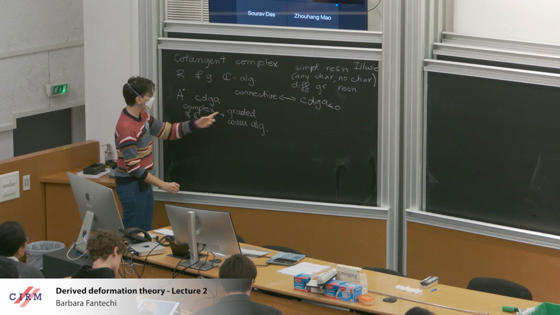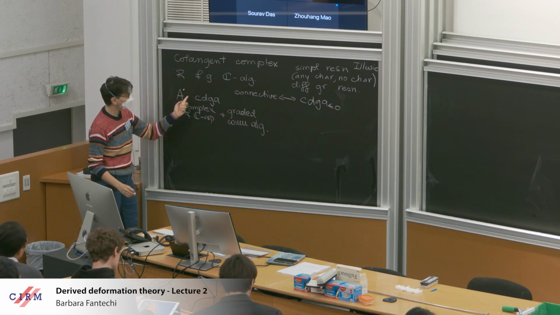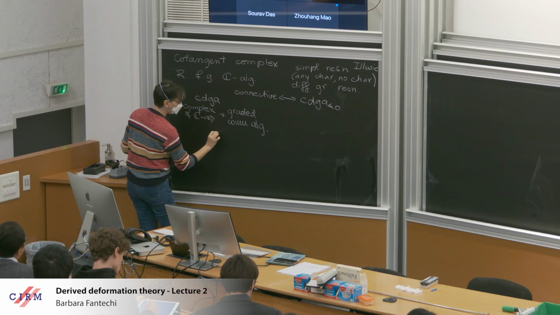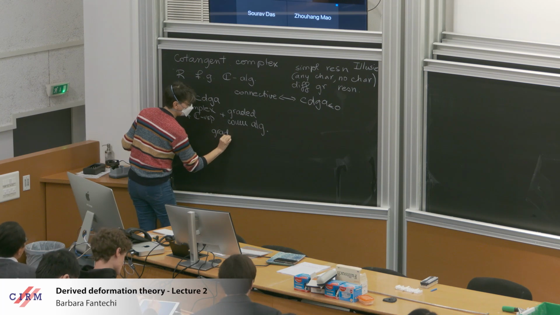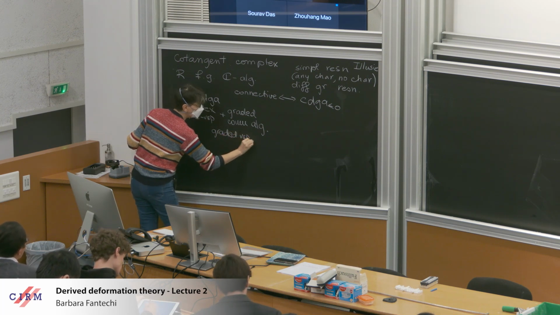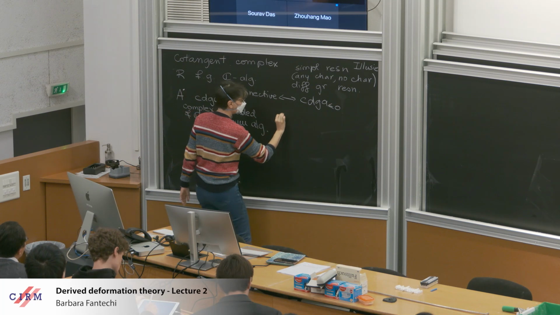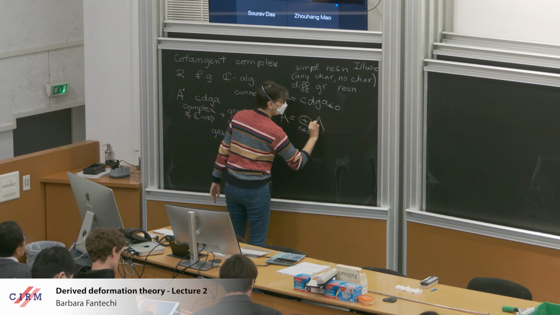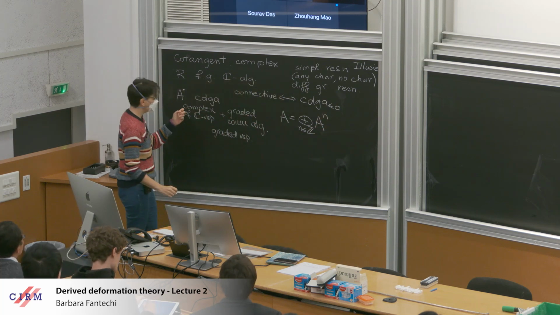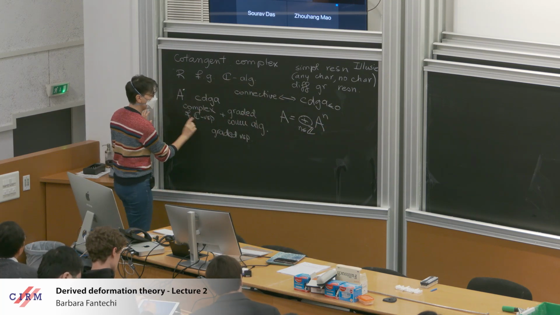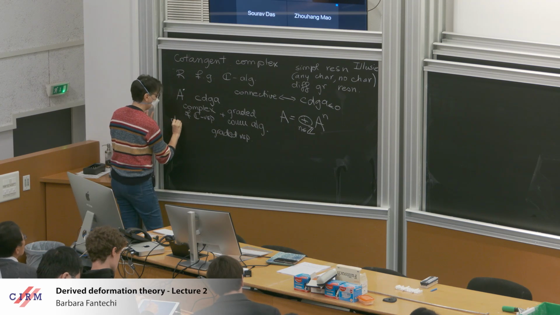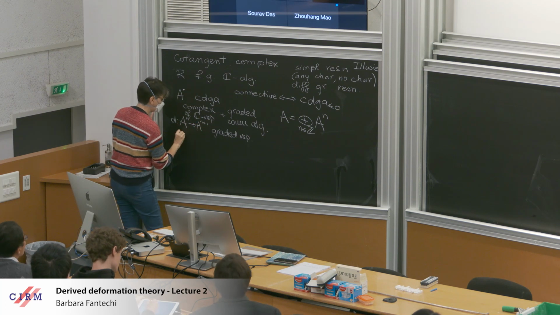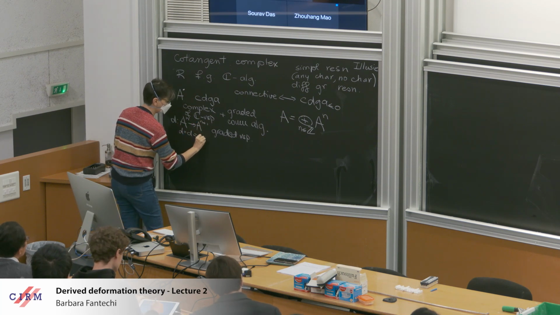Graded means each of these have in common the notion of graded vector space. So if a graded vector space is a direct sum a priori with integer coefficients, then to get a complex, you have to add a differential such that d composed d is 0.